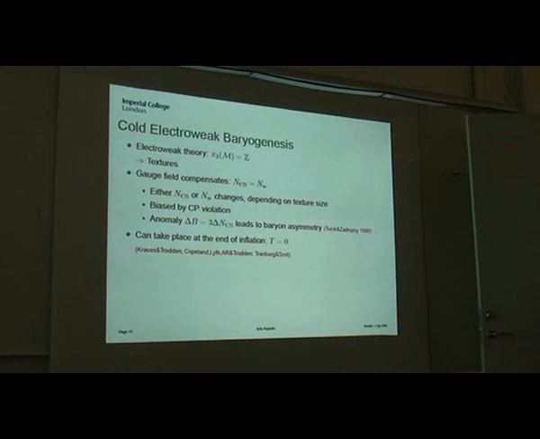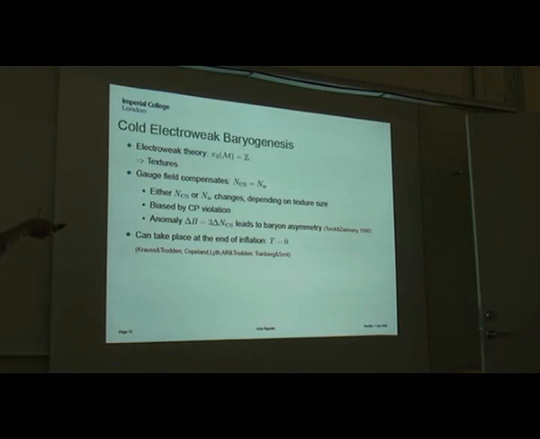But it isn't global, and you have a gauge field. And again, the gauge field can compensate for this gradient energy. The only energy that a texture has is the gradient energy, because it is on the vacuum manifold at every point. The gauge field can compensate for that, and so it can basically remove the whole texture. But when it does that, the topology of the gauge field changes.